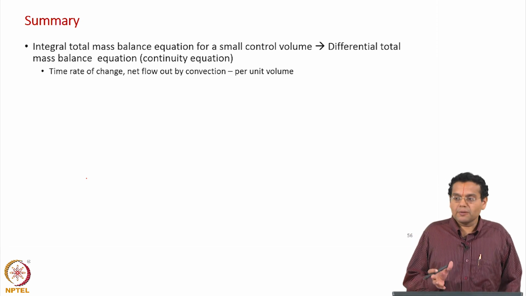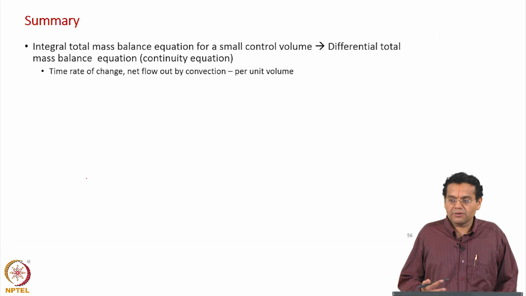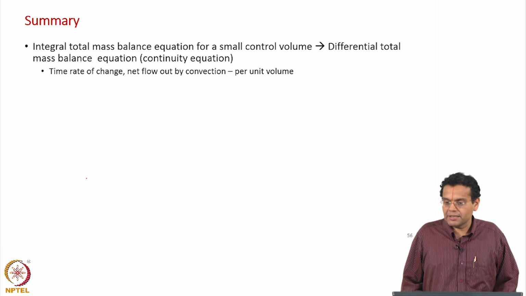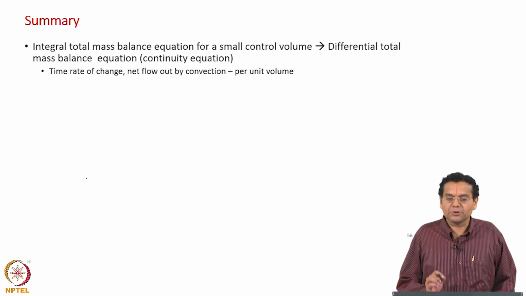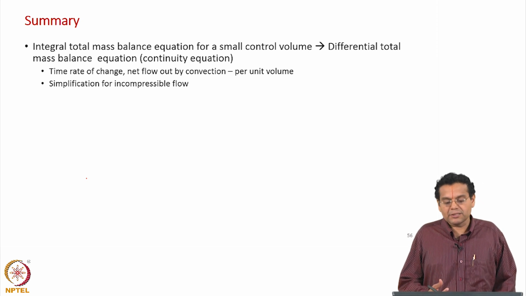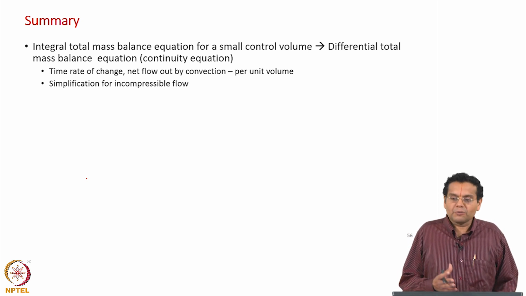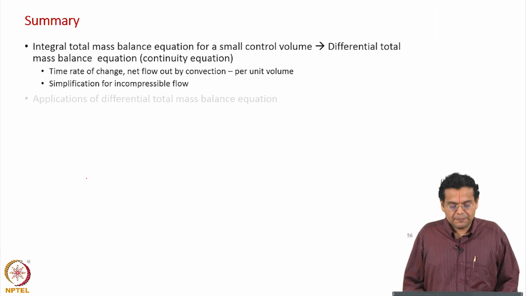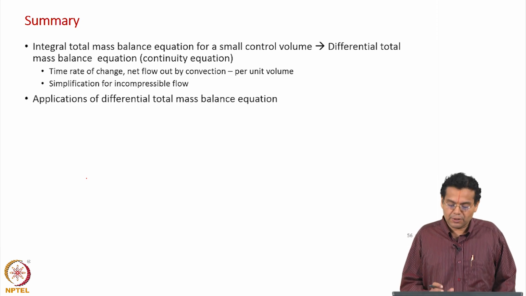It had two terms: one was the time rate of change of mass, the other was the net flow out of mass by convection, with emphasis on per unit volume, that is what density was. We simplified it for compressible and incompressible cases. Within the scope of this course and most courses in your engineering curriculum, you will be restricted to incompressible flow. So, that form is more important, which we will come across repeatedly later.